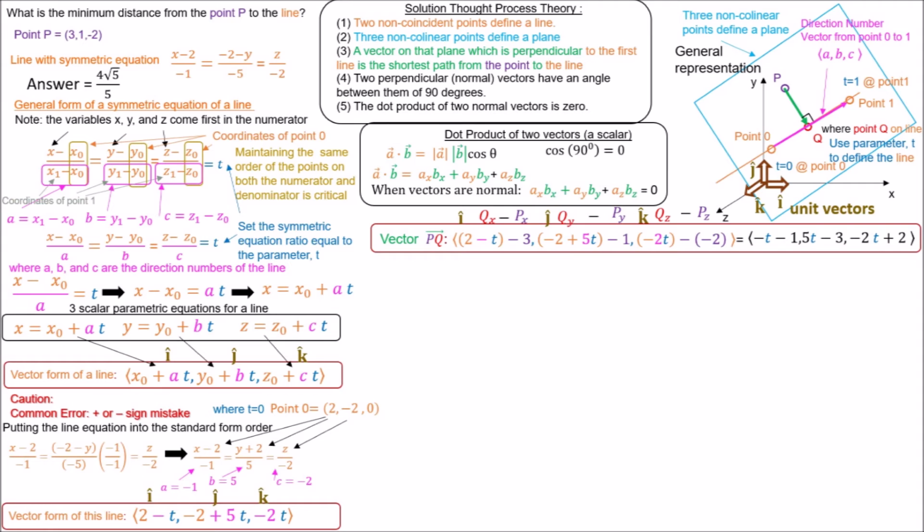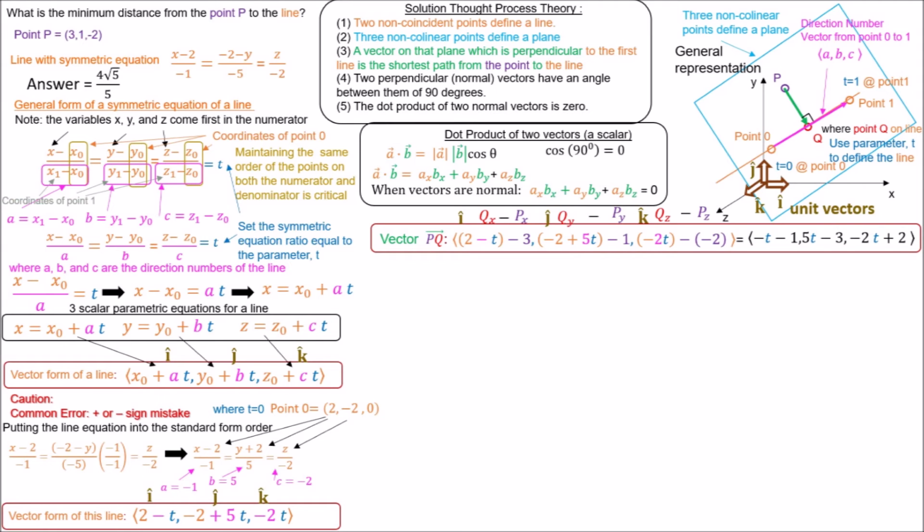And we do the same thing for the j hat term. For example, the k hat coordinate of this generic point Q is 1 minus 2t, and we subtract from that the initial point value pz, which was given as minus 2, so it would be minus a minus 2.